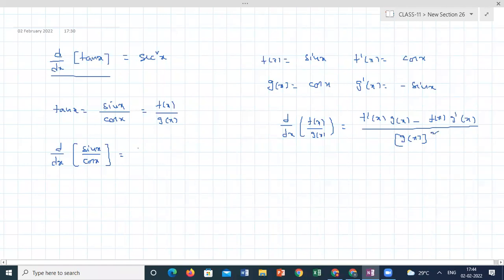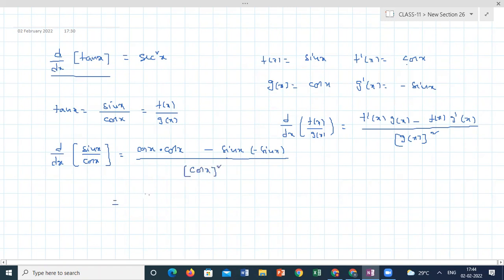Now, f dash x is cos x, and g of x is cos x, so cos x into cos x minus sin x into minus sin x, because f of x is sin x and g dash x, the differentiation of the denominator, is minus sin x, divided by the denominator whole square, cos x whole square.